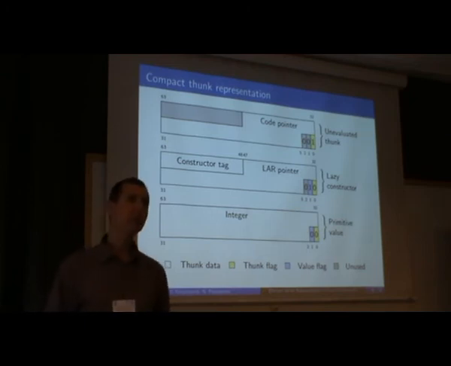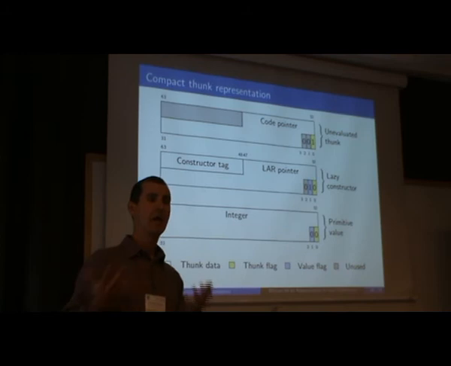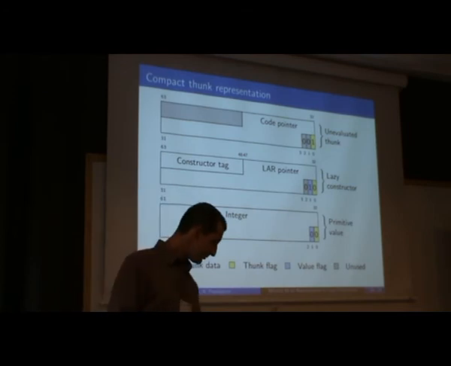In Haskell, that would not have been necessary because Haskell is a typed language and we don't need this kind of information. Only the garbage collector that we have will become much simpler if this information is there.